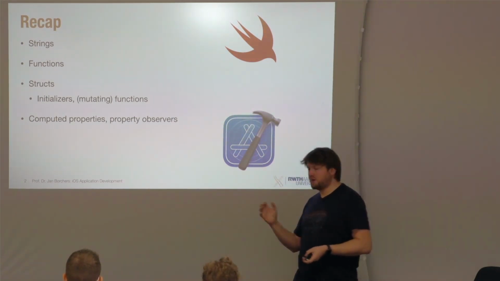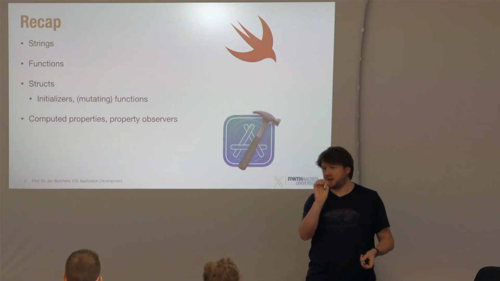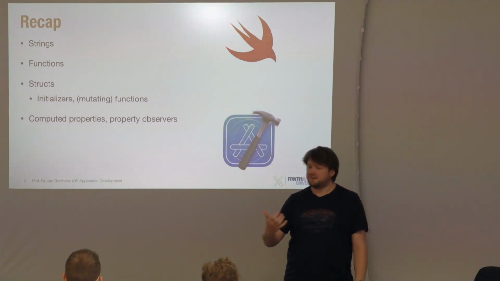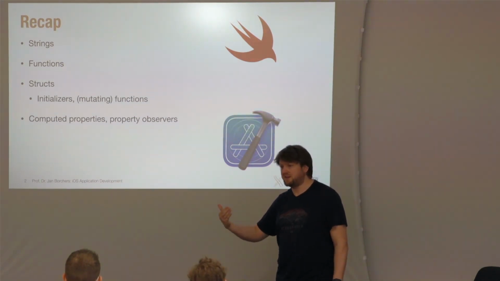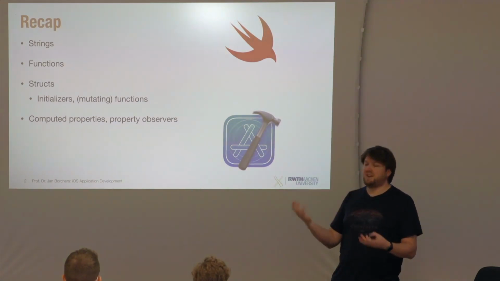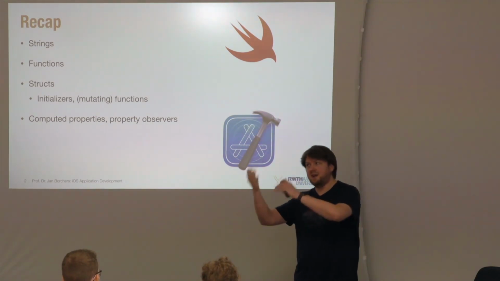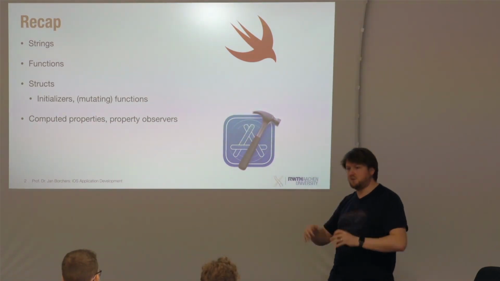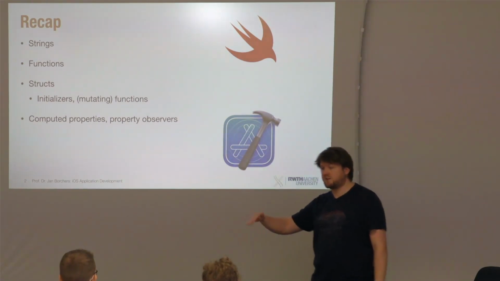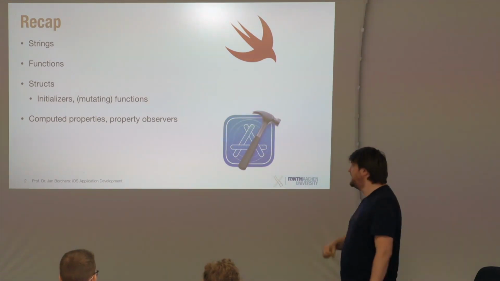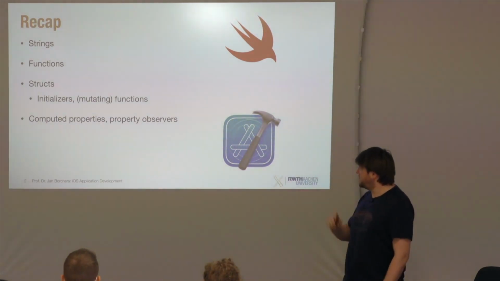So the example I think there was for temperature, that your struct only has a property that's storing the Celsius value, and if I access the Fahrenheit value, then it is calculated on the fly what this property is. And that prevents that you have to write specific functions that if I set the Celsius value, then I also need to update my Fahrenheit value so that everything is in sync. But instead you can say, okay, this is the ground truth for my struct, and if I access the Kelvin or whatever, then I can compute it directly from the state of the struct at that point. So that is computed properties.